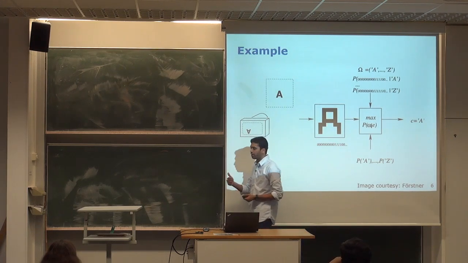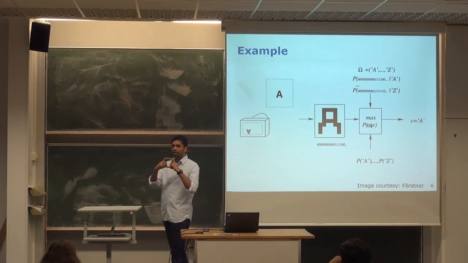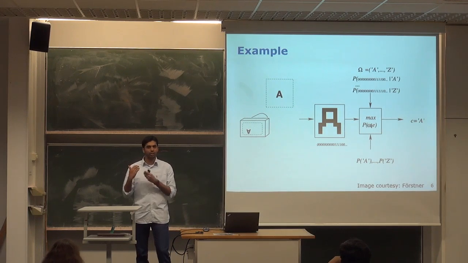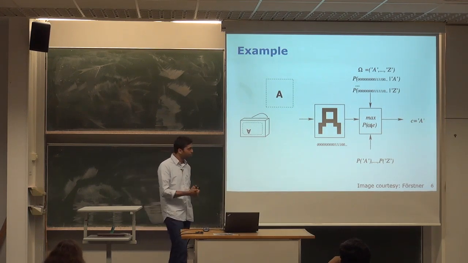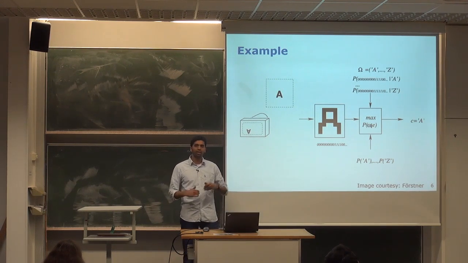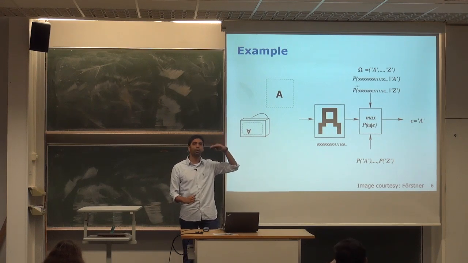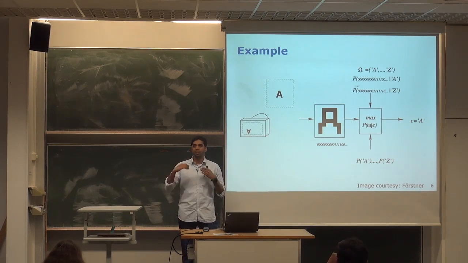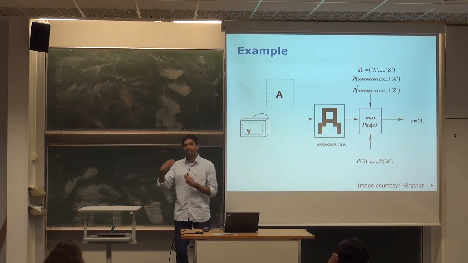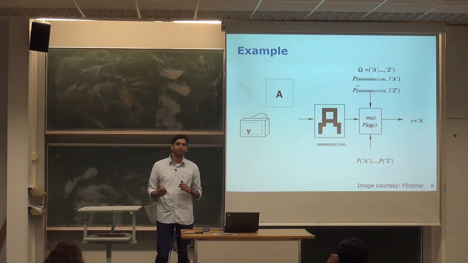What's the probability that this data refers to the letter A given this string? This is one probability. It computes the probability that this letter is B given this data, and so on. Given a list of these, let's say 26 probabilities, the one which is the highest is the class that this data is most likely to be.